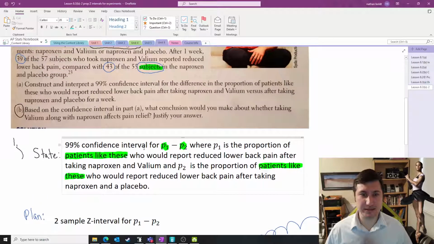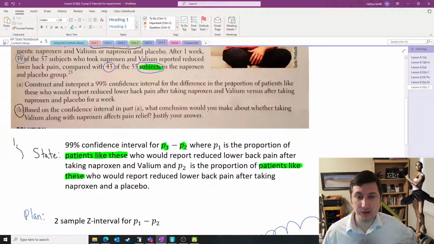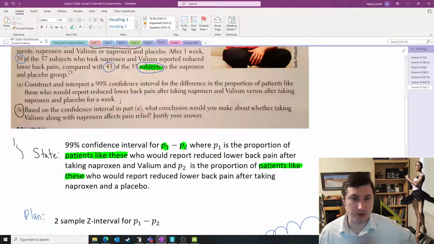Which is the difference in the proportion of patients like these who would report reduced lower back pain after taking naproxen and Valium versus after taking naproxen and placebo for a week.